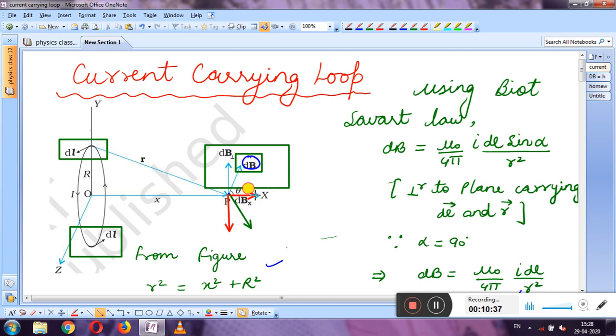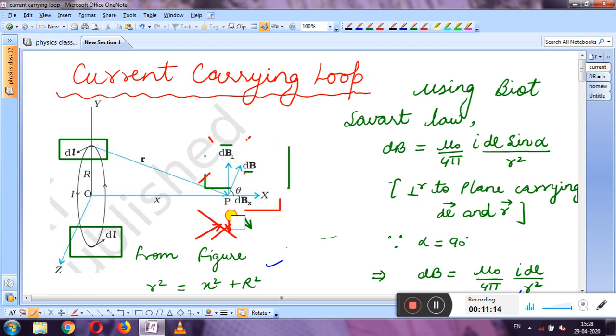One will be in the downward direction and one will be towards the x-axis. One component we had here was dB perpendicular, and this component also will be equal to dB perpendicular because they are the same in magnitude and opposite in direction. So they cancel each other, and what will you have? You will have the net magnetic field due to the horizontal components only.